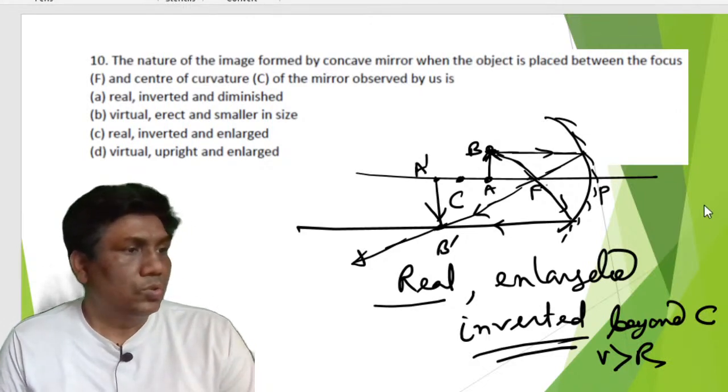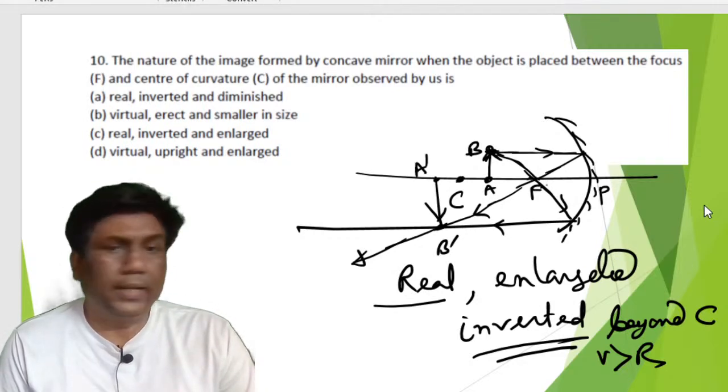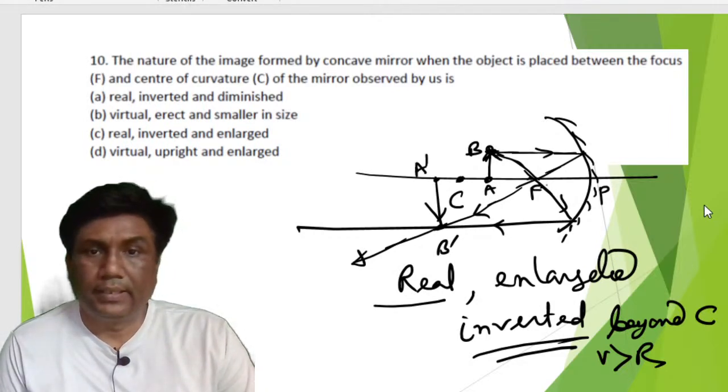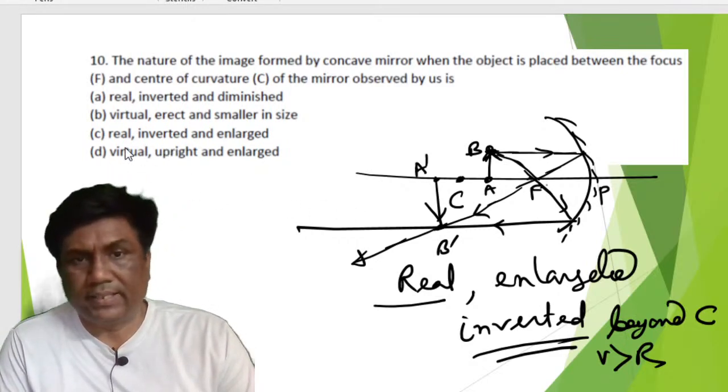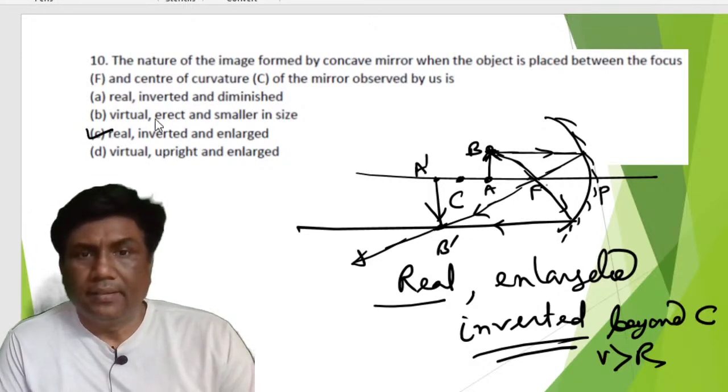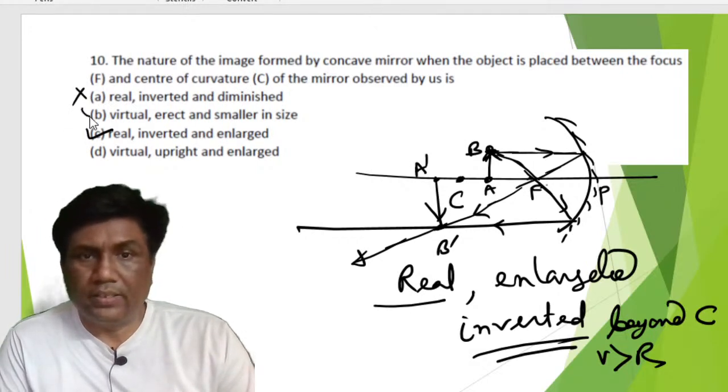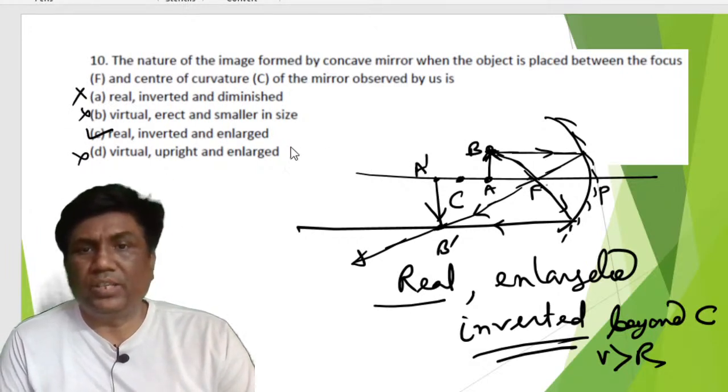Well, out of the 4 options, which one will be correct? I think C will fit best, na? Real, inverted, and enlarged. The first option says real, inverted, diminished, so it is wrong. Virtual, it is wrong. Virtual, it is wrong. So C is the best answer.